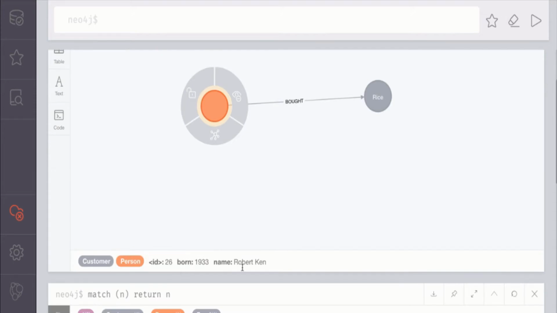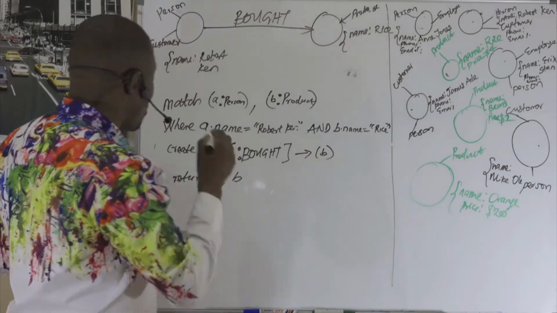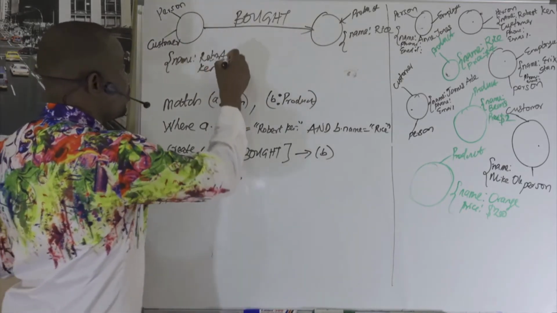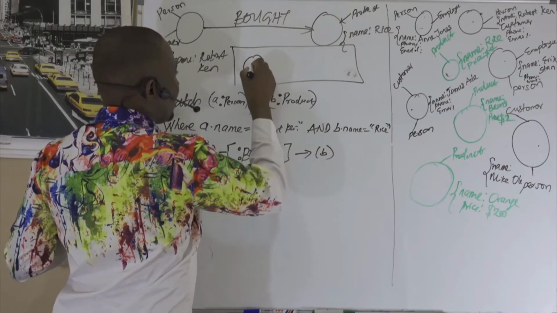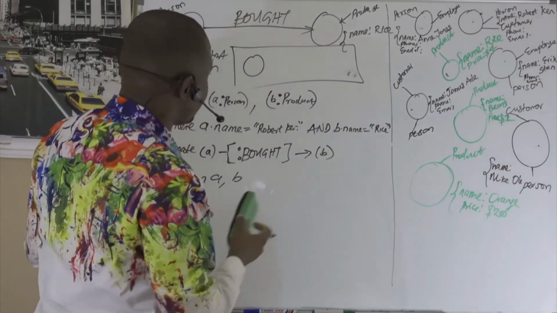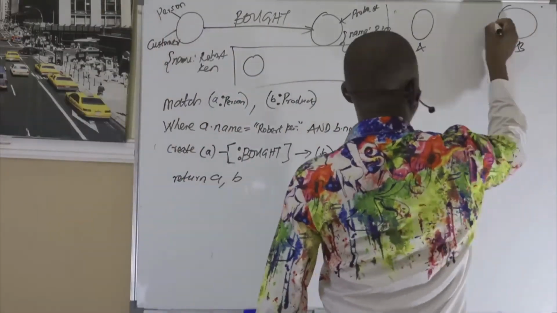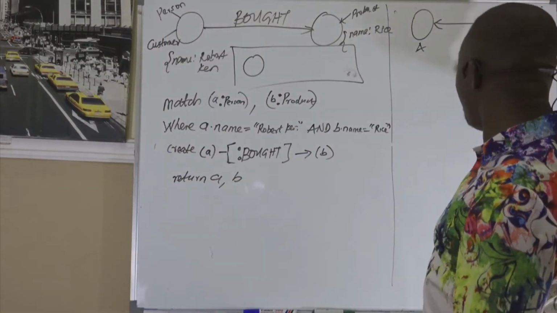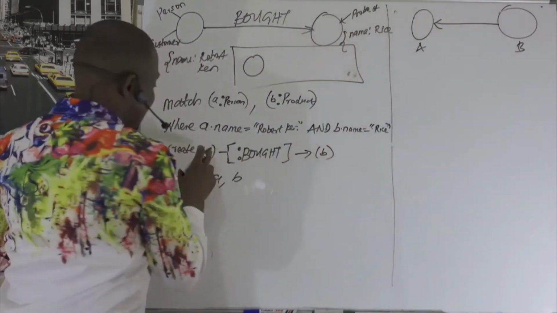The Percy robot bought rice. Assume, for instance, you wanted to do something like this. Assume it's something like this. A. Let me remove it. I want to write B before A. Okay? You can do something like this now.